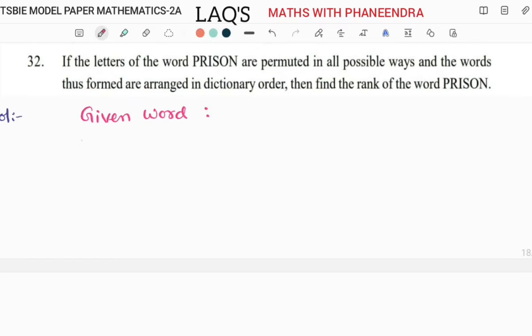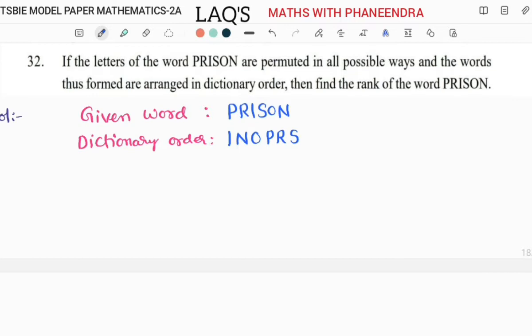And a dictionary order also. So what is the word here? Prison. The order in the dictionary, that is first I will come, after that N, after that O, after that P, after that R, after that S.